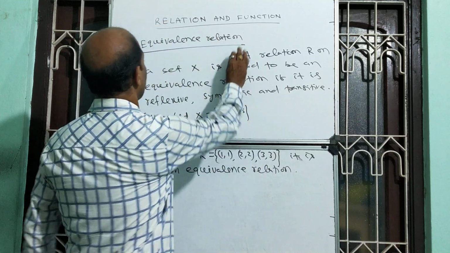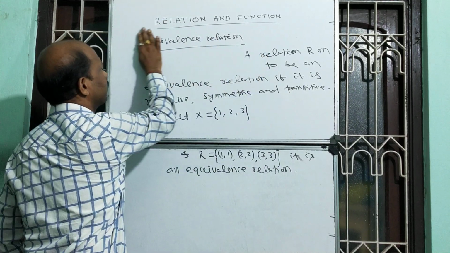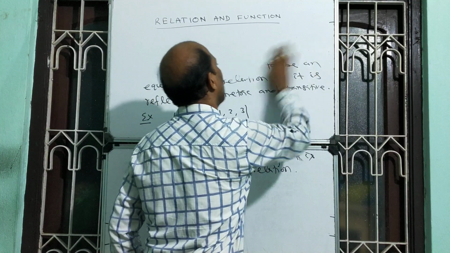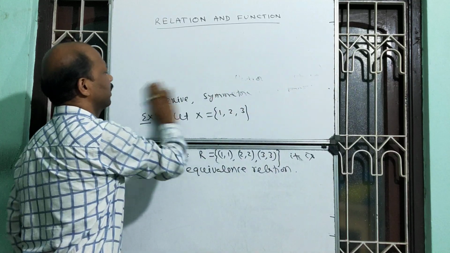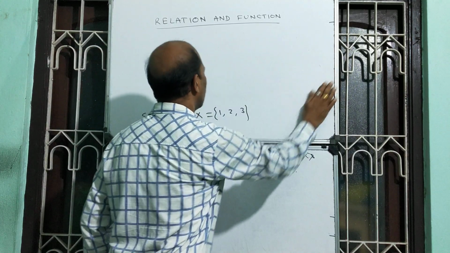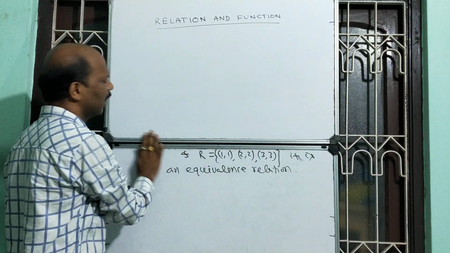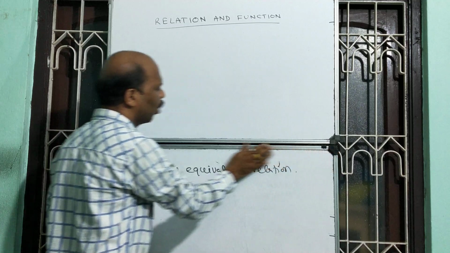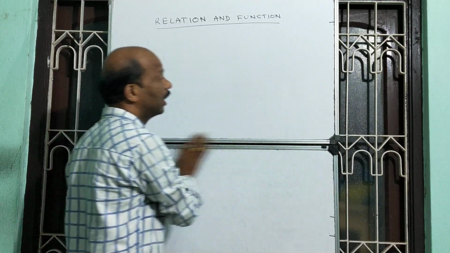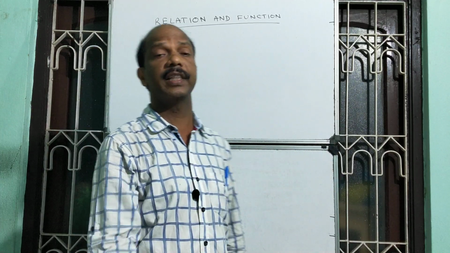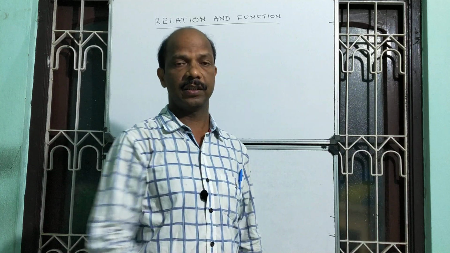Next we'll go to define a special type of relation, then we'll go for more examples. Special types of relations, like we know less than, greater than, less than or equal to, greater than or equal to. Similar types we can define. What is congruence modulo relation on a particular set, that is on the set of integers?